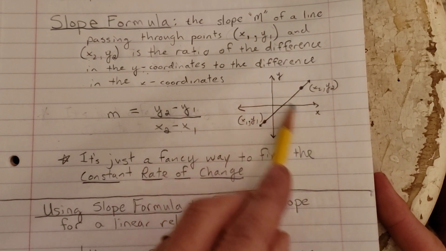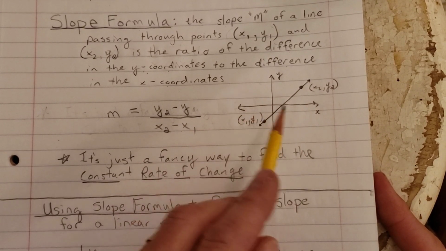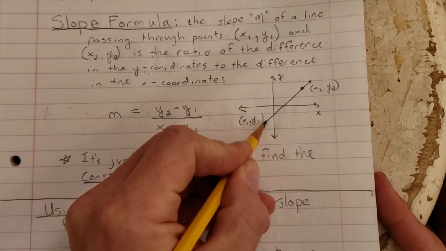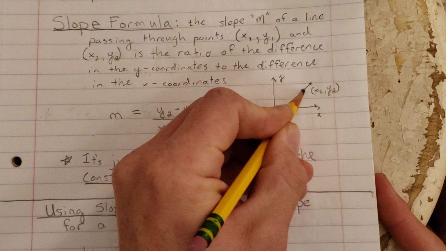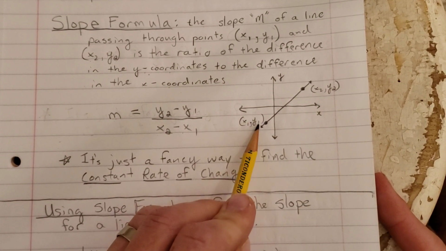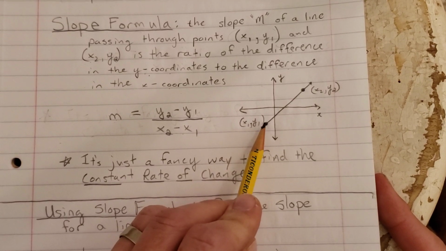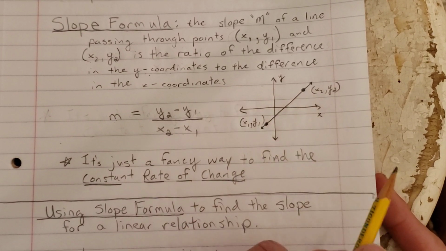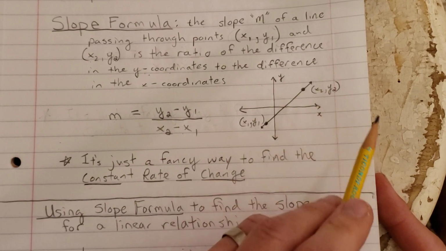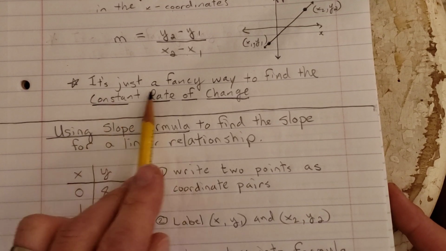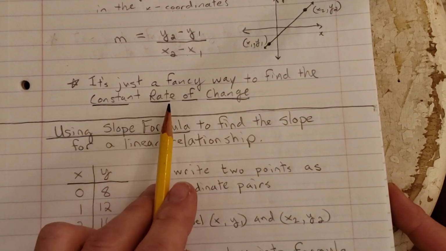Lines could be going different directions. They could be flat. They can be all sorts of different angles. But the key is that we choose any two points and label them (x1, y1) for the first point, the one furthest left, and (x2, y2) for the other point. It's just a fancy way to find the constant rate of change.